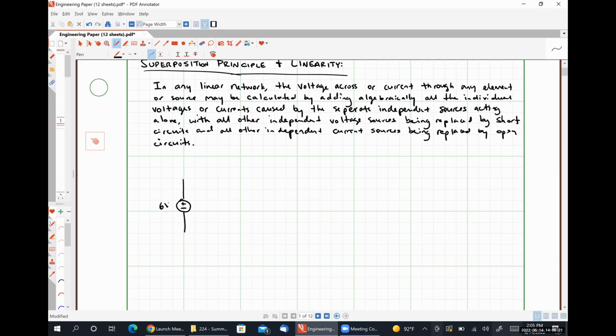Where we have a 6-volt source, a 6 ohm resistor, a 10 ohm resistor, a 9 ohm resistor, and a 2 amp source.